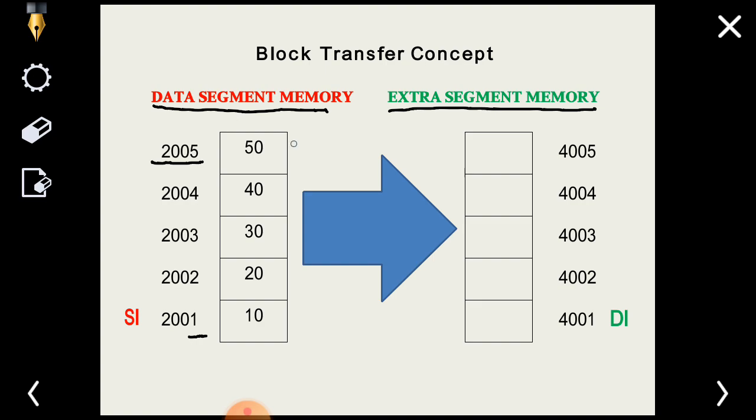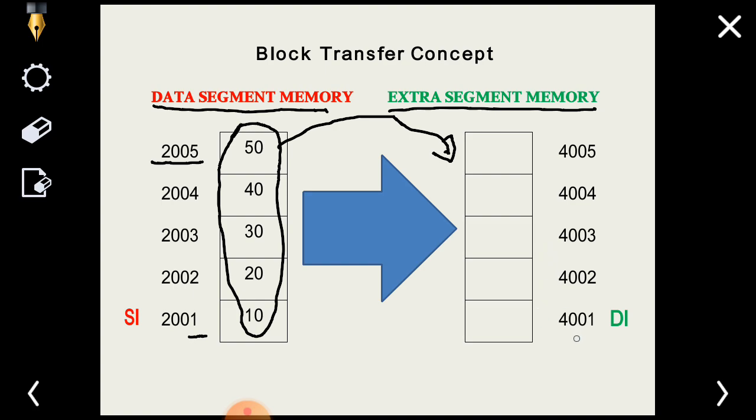So that means, this is a block of 5 bytes and that has to be transferred into extra segment memory. For that we have reserved 5 byte locations from 4001 up to 4005. Here we have considered these as offset or actual addresses.